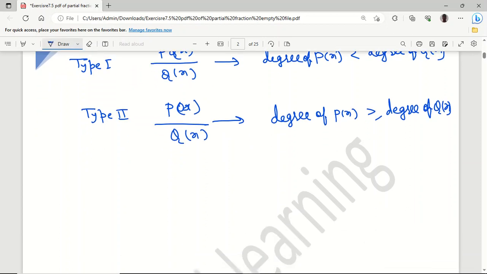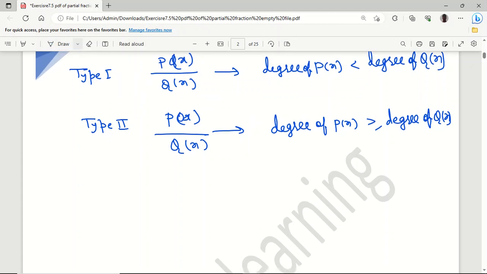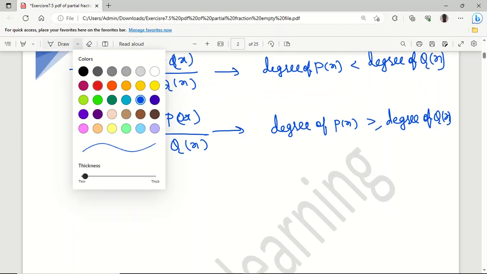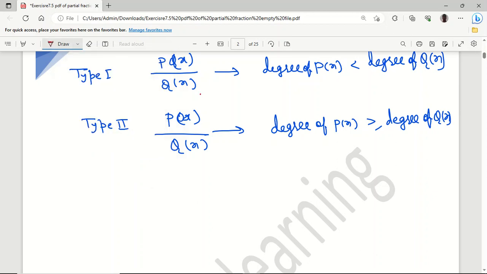Whenever we get the first type of rational function, we call it a proper rational function. The second type is called an improper rational function.